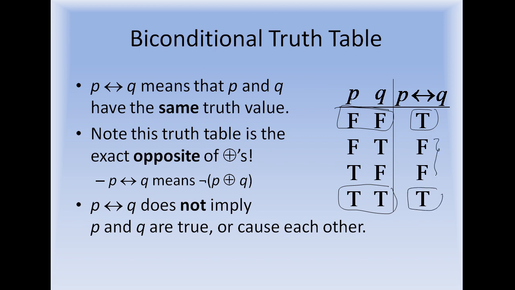Otherwise, it is false. What I said? If both the statement P, Q are having the same truth value, then it is true, otherwise false. If both are same, then true, otherwise false. If they are not same, then it is false. This is how we remember.